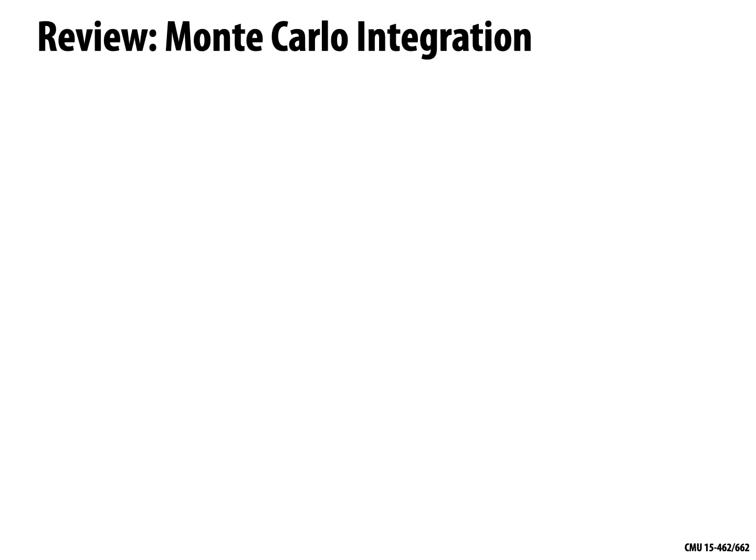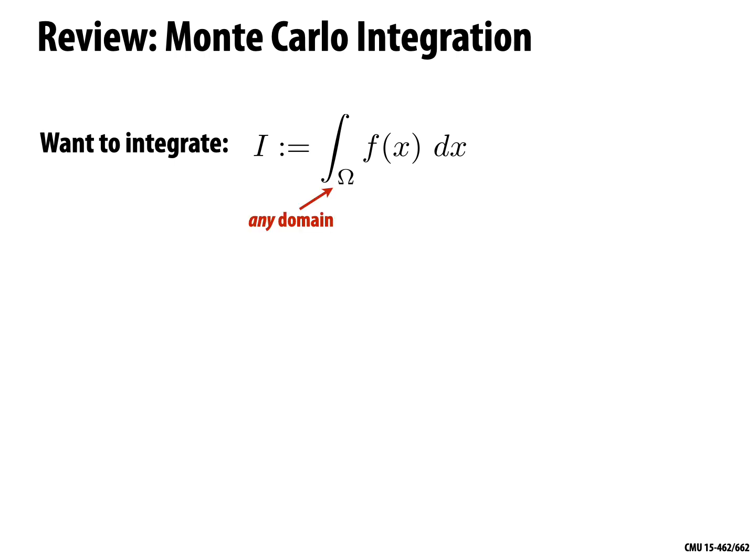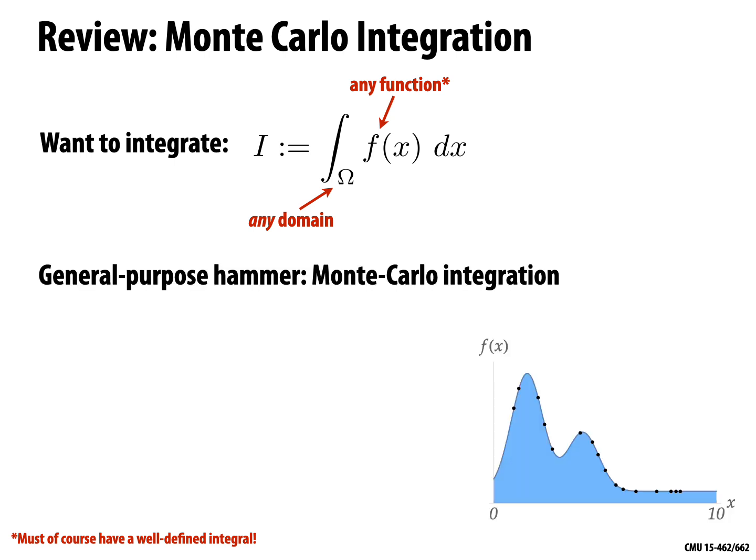Okay? So just to review, what was Monte Carlo integration all about? In general, we just want to integrate over some domain omega, some function f. This doesn't have to be a function that has anything to do with rendering or computer graphics. We just want to compute an integral. Our general purpose strategy for doing this is something called Monte Carlo integration. The way that works is we pick a bunch of random samples of the domain, which we'll call capital X sub i.